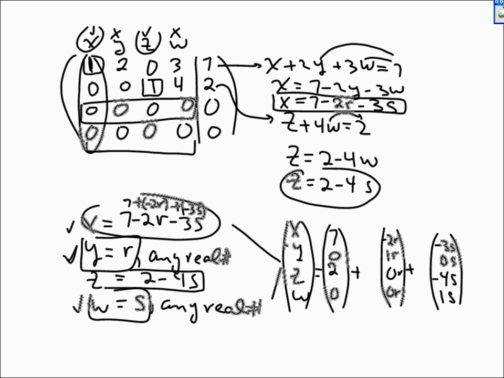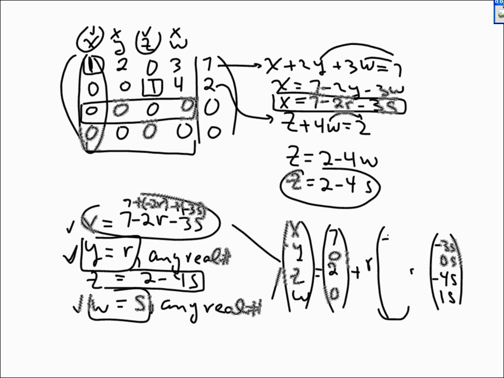Now, scalar multiplication. In this second matrix on the right-hand side, they all have R's in front of them. They're all being multiplied by R. You can factor out the R. Since it doesn't look so neat, I'll just write it down again.